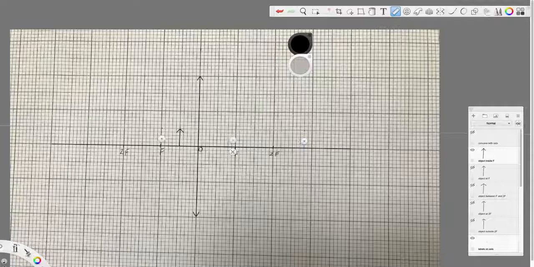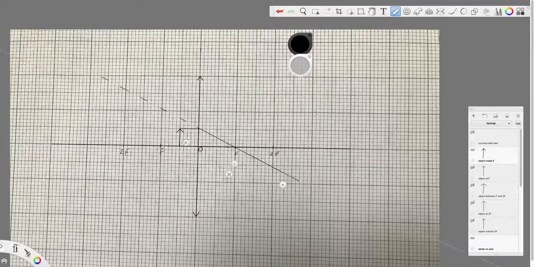So there we have a ray coming in parallel to the principal axis, comes out through the focus. Now I'm going to dot this back, you'll see why in a minute. That's where that ray appears to come from.